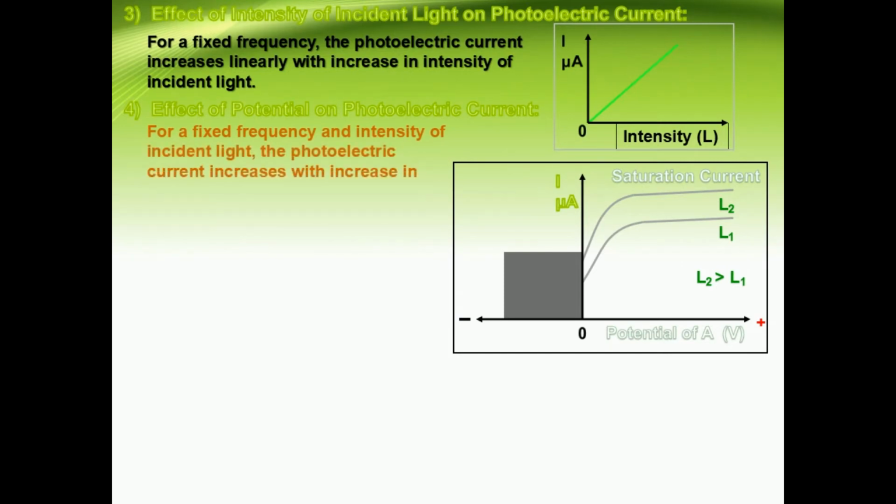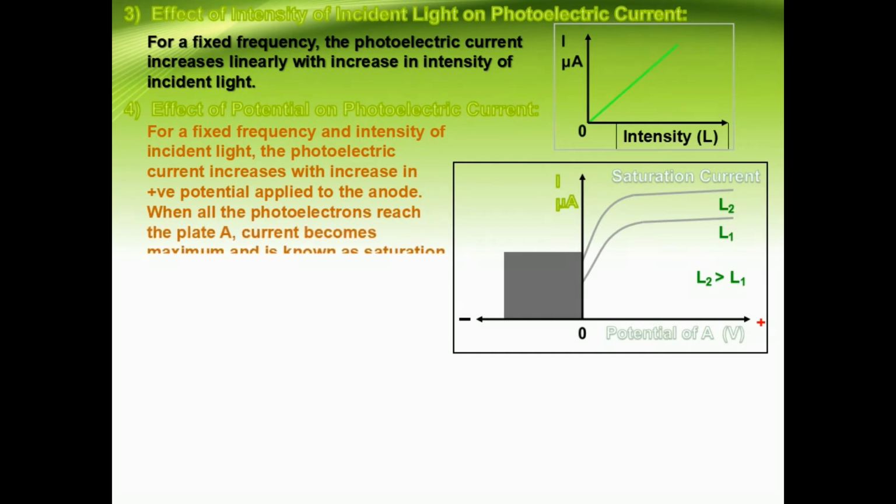We understand that even in the absence of accelerating potential, a few electrons will be able to reach the plate due to their kinetic energies. That means these photoelectrons have such kinetic energies which can help them reach the plate.